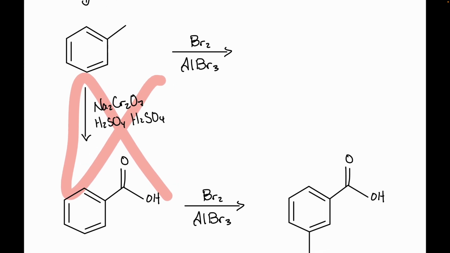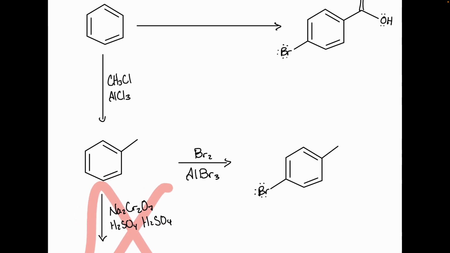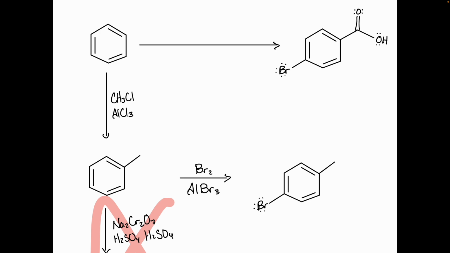I'll get a mixture of both the ortho and the para, but in this case we're only interested in the para product. I'd have to do some chromatography or some other sort of separation technique at the end to get rid of my extra one, but that's okay. We got plenty of lab techniques to separate out compounds. And now I can oxidize in order to get my benzoic acid derivative here.